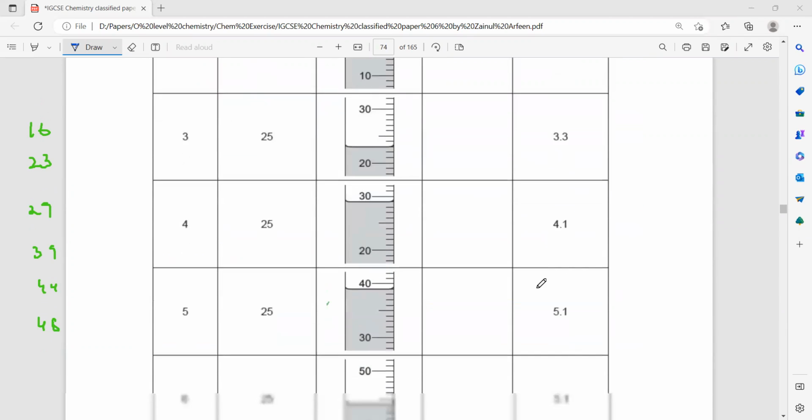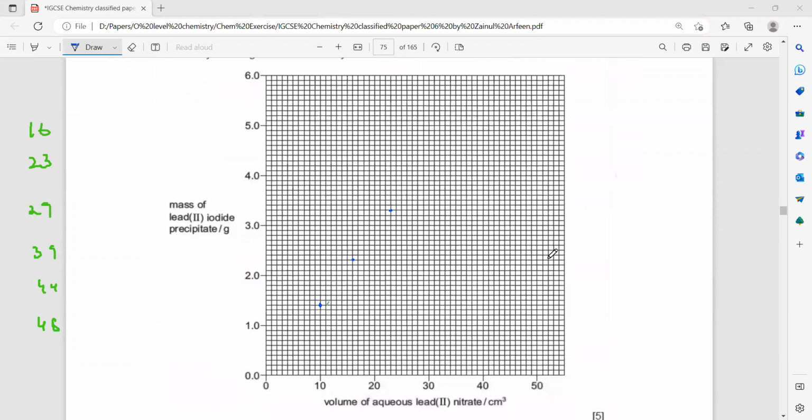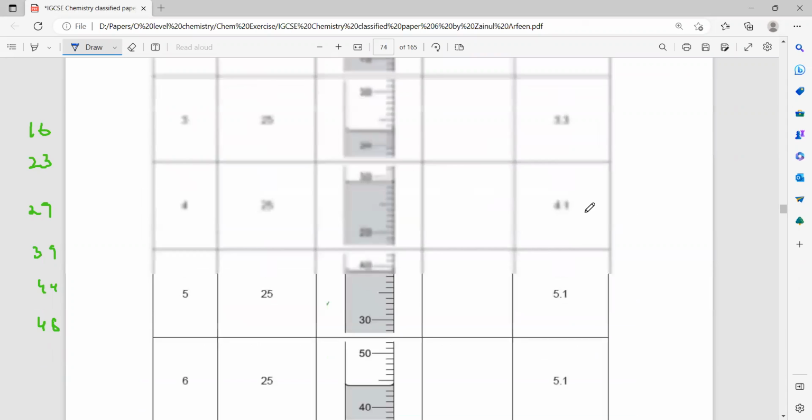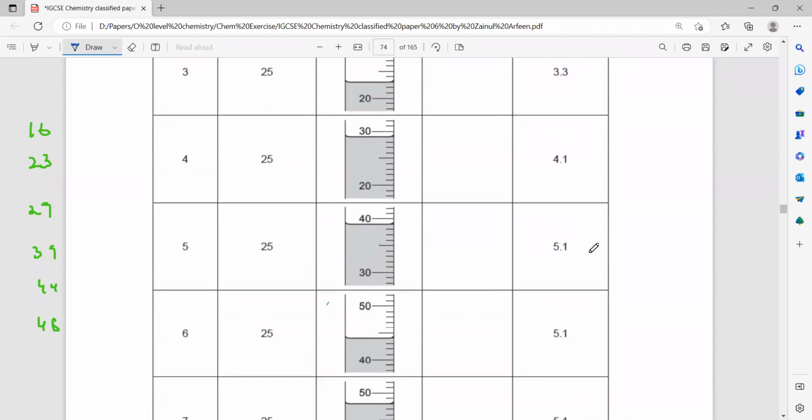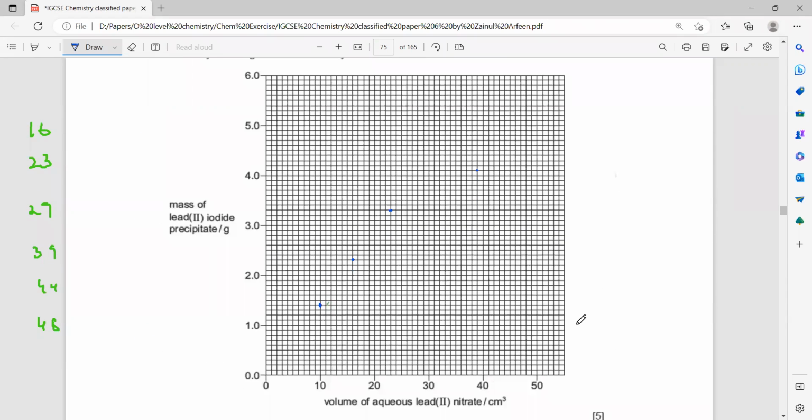Then we have 39 and 4.1. Then we have 44 and 5.1, and 48 and 5.1.